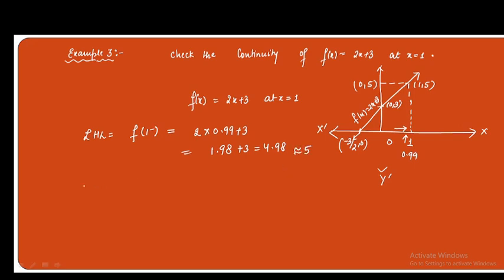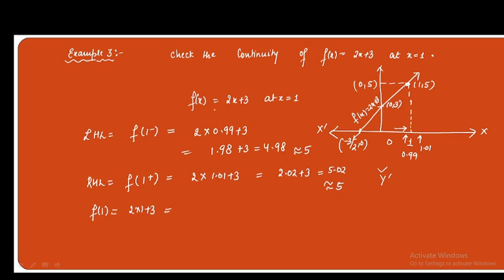Next you have RHL, means you are approaching 1 from the right hand side. So let's take the value 1.01. So 2 into 1.01 is 2.02 plus 3, which is 5.02, which is close to 5. And what about f(1)? We have already found out. It is 2 into 1 plus 3.